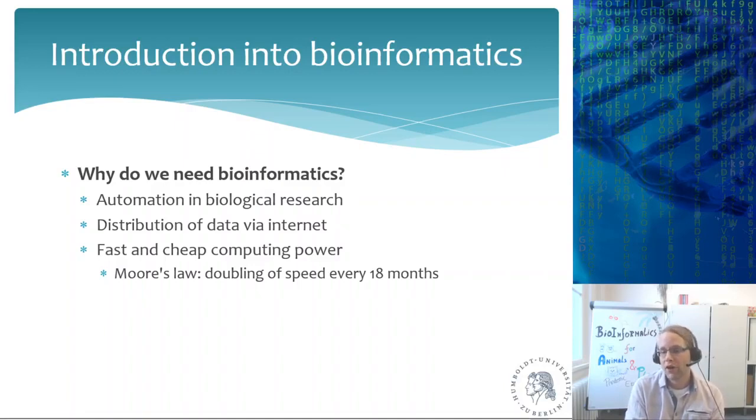One of the other laws that exist is the law of sequencing, and that shows a more than exponential growth. We are able to sequence more today than we were able to sequence in the entire 5 years before that. So there's a more than exponential growth in the amount of sequencing done, while computer power only doubles every 18 months.